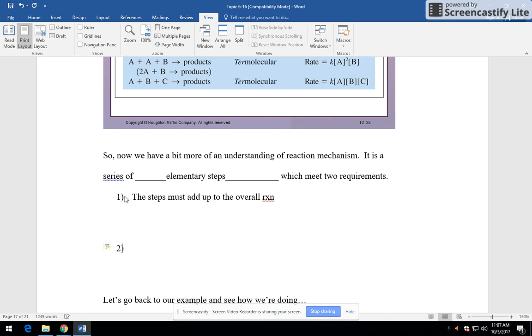And the second thing is that the mechanism must agree with the experimentally observed rate law. That part we haven't really discussed yet and how that might be fleshed out, but I'm going to show you that in a little bit.